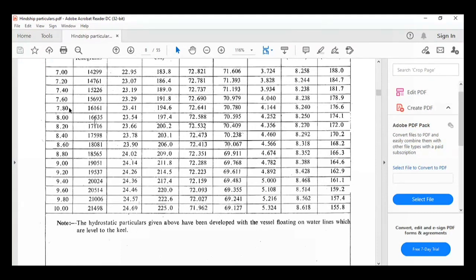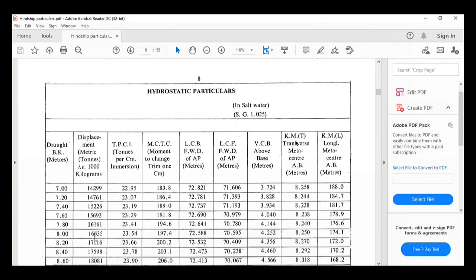Because it is somewhere here, यहाँ पे इसकी load water line है. So जैसी इसकी load water line आती है, उसके बाद से इसका ये टर्न अराउंड कर जाता है KMT इसका, और फिर ये KMT बढ़ने लग जाता है. So that is what you will explain for KMT.